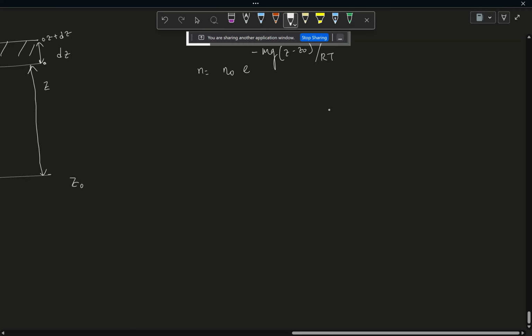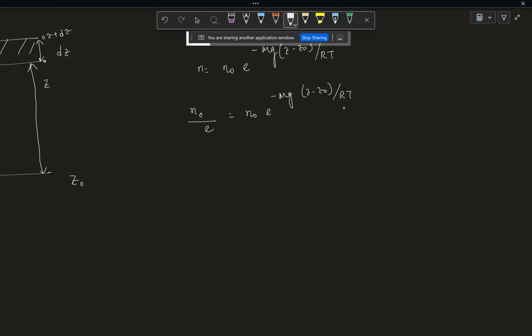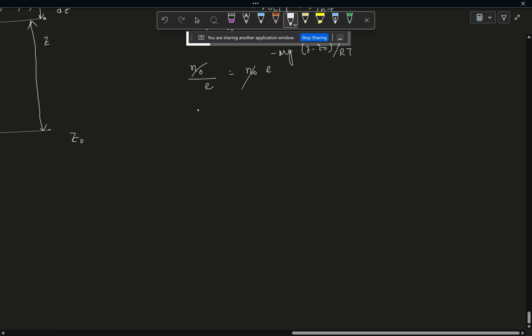Here in the question it is asked that when the number density falls off to 1 by E times the base level value, that means N becomes N0 by E, that is equal to N0 e to the power minus Mg (z minus z0) by RT. So N0 and N0 cancel out, and you get e to the power minus Mg (z minus z0) by RT equal to simply 1 by E, which means e to the power minus 1.